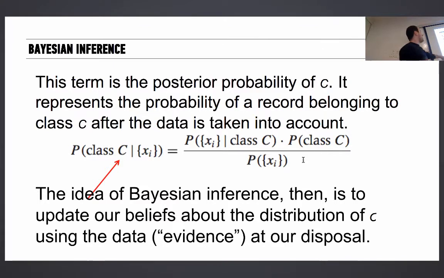This idea of Bayesian inference is to then update our belief based on the distribution of C. So if one class occurs 99% of the time, like if people don't default 99% of the time and default 1% of the time, those prior probabilities affect our posterior probability.